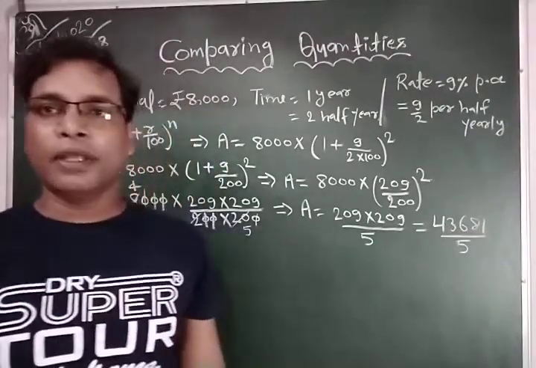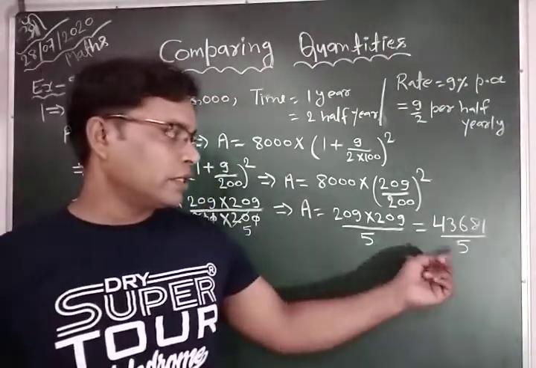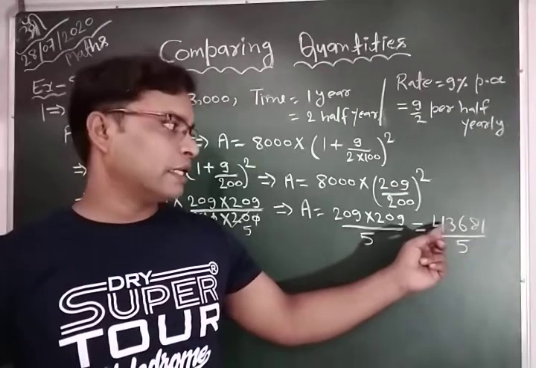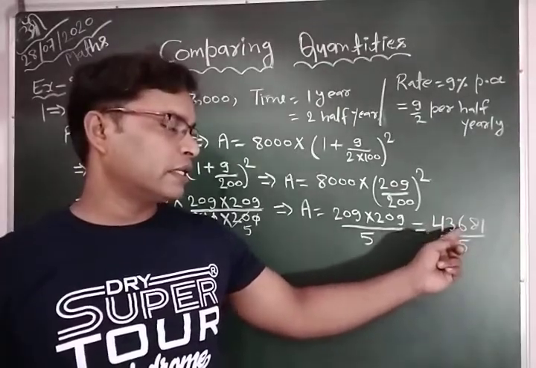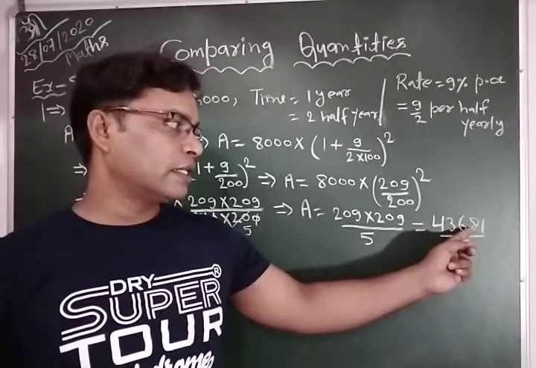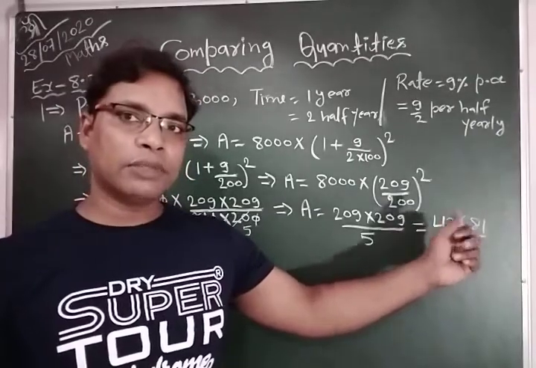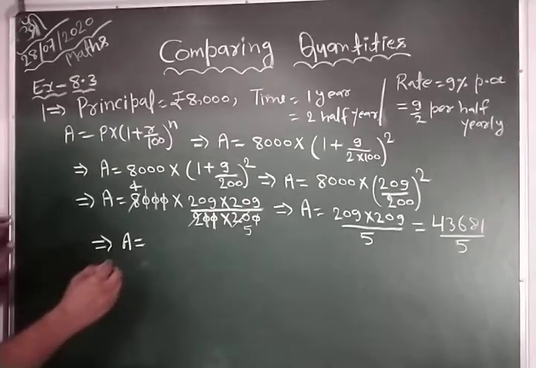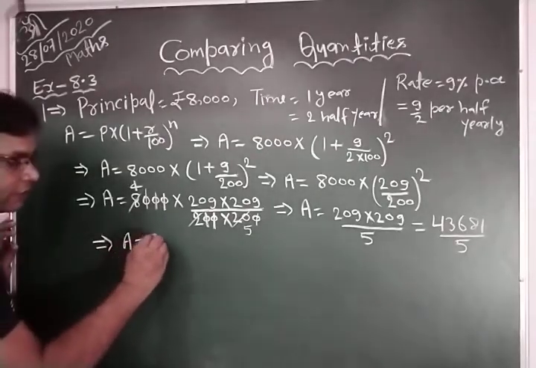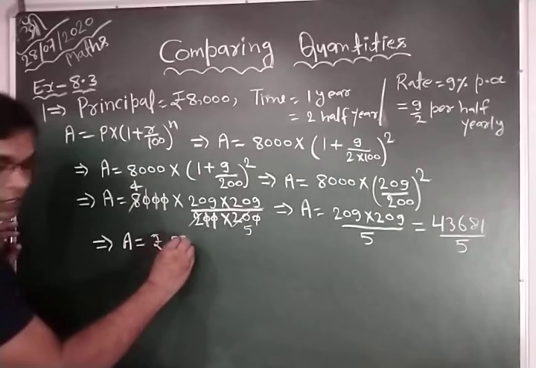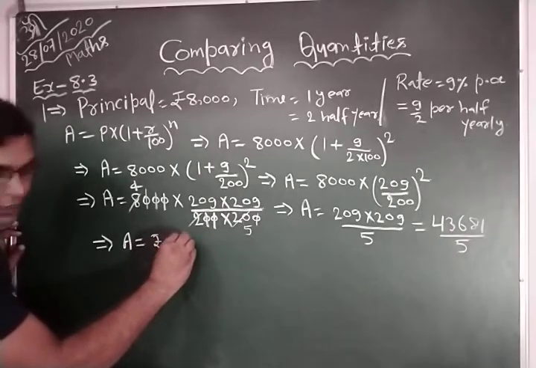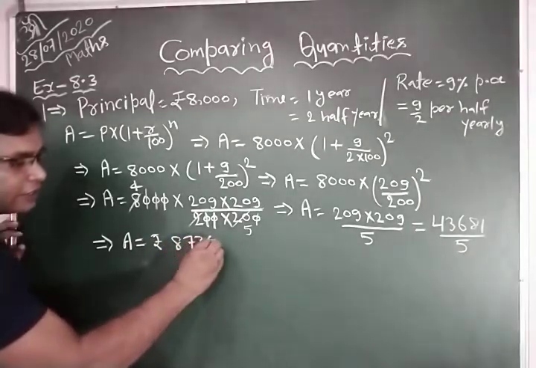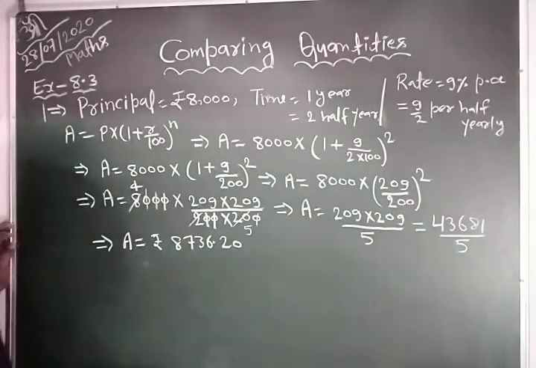43,681 divided by 5, so here 8 times, 7 times, and this is 3 times, 6 times, and a 0.2. Clear? So in this way we obtain 8,736.20.